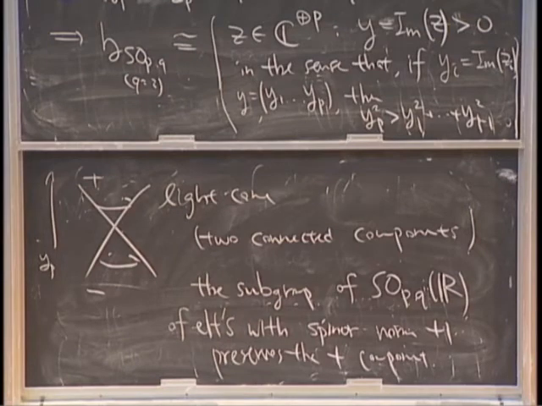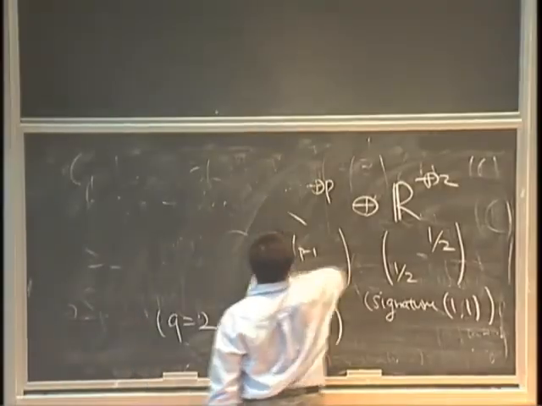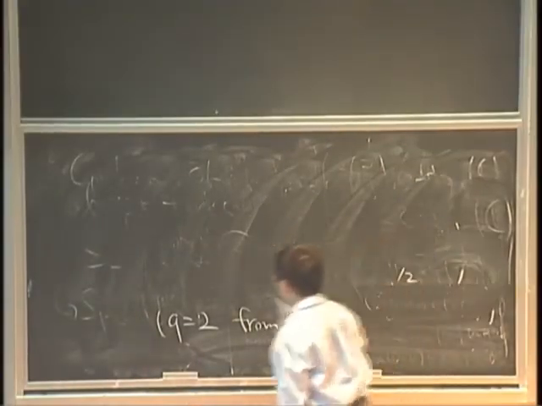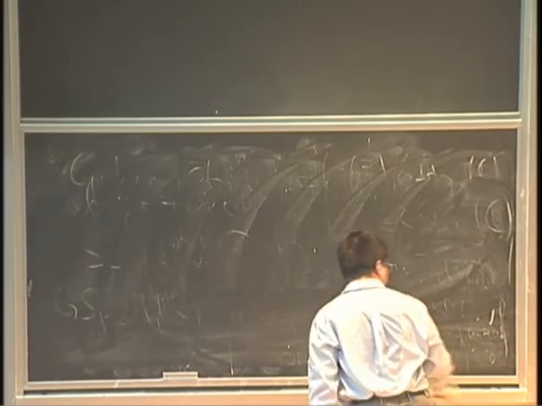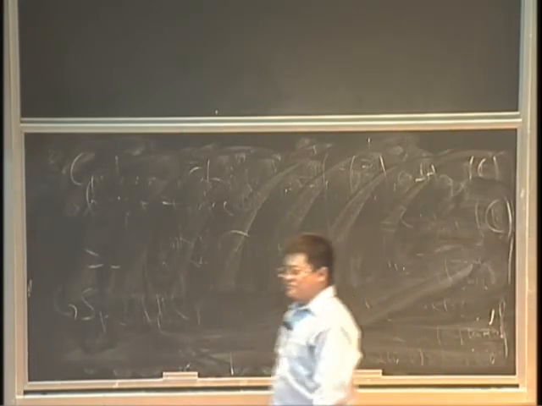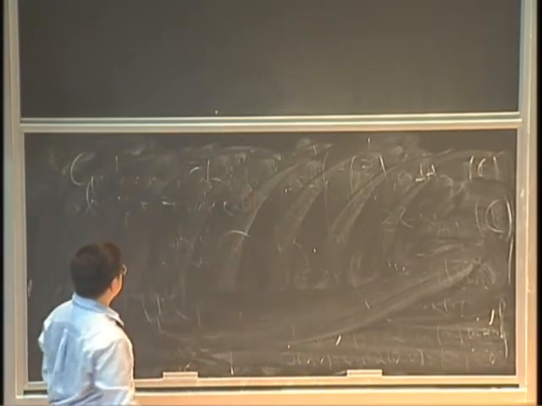So maybe I should just write down some table. This is just for convenience, because sometimes you don't want to repeat all the names. You just say, well, this is what type of Shimura variety.